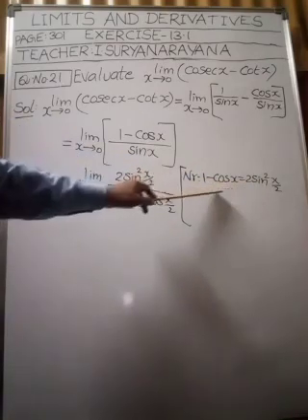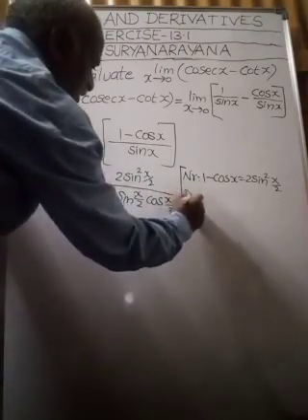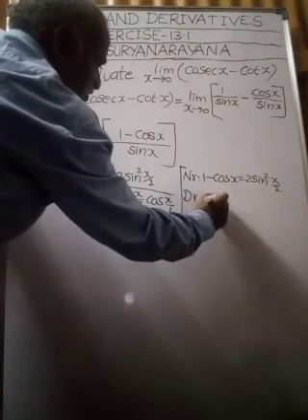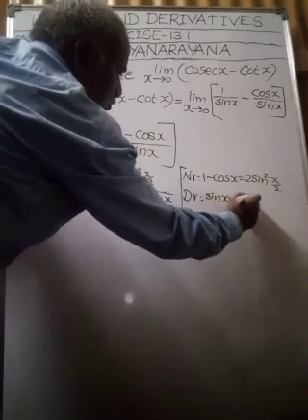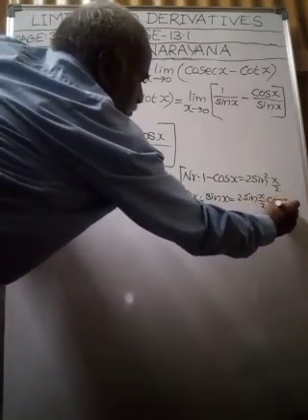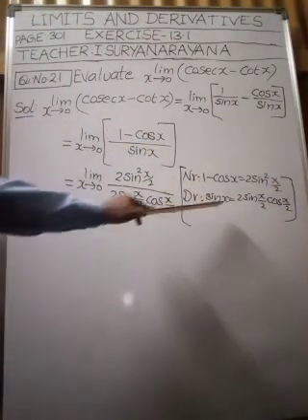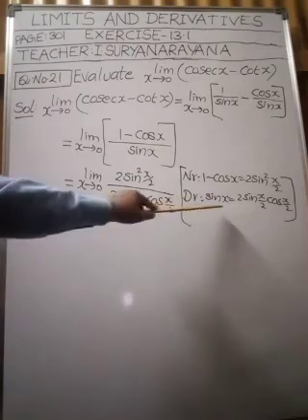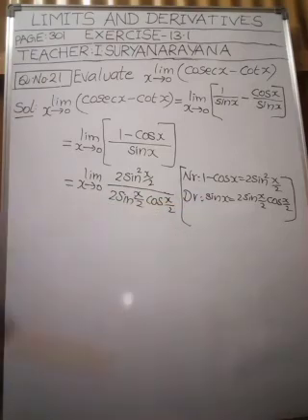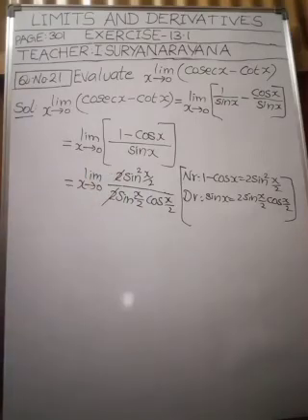This is a half angle formula. Similarly, in the denominator, sin x is equal to 2 sin x by 2 cos x by 2. In the denominator also we used the half angle formula. Understood this point, my children? Understood this step? Right. Now let us simplify numerator and denominator.